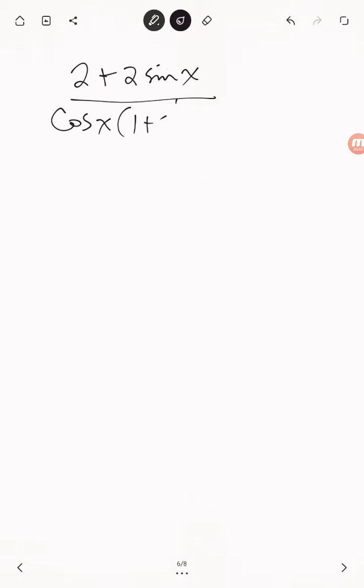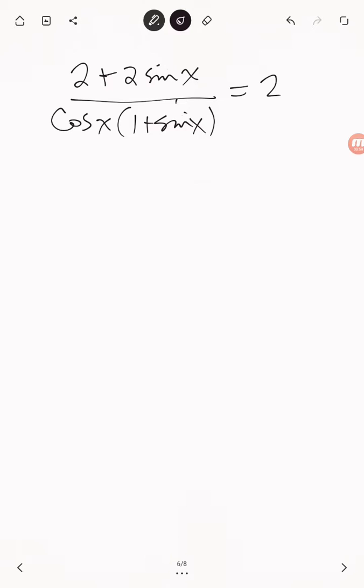So let's go to the next page and write it as 2 plus 2 sine x over, leaving the denominator the same still, do not expand it, cos x times 1 plus sine x equals 2.